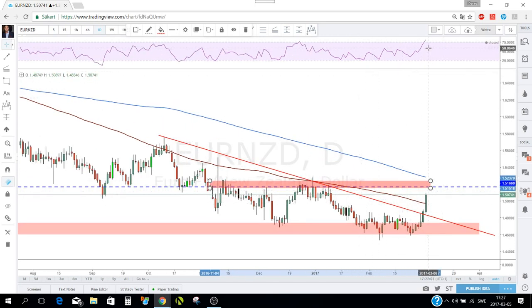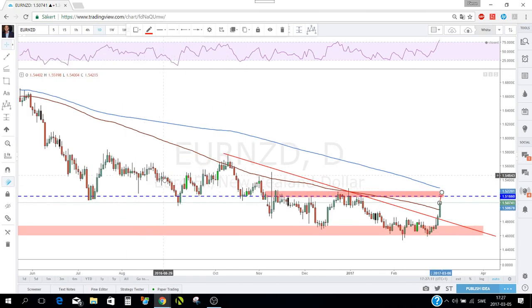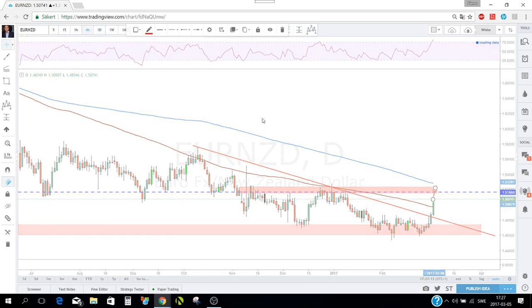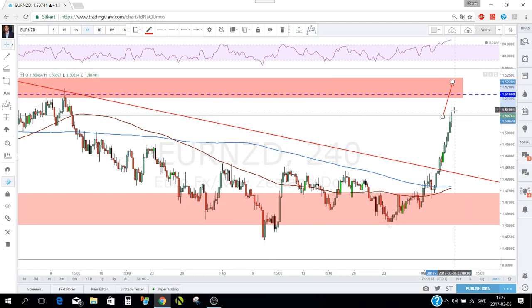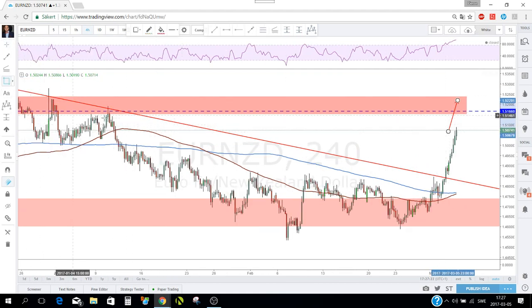So what to look at for next week: if price is going to retest this area where we have the 200 moving average, we have this major resistance also. Go down to the 4 hour or 1 hour and, as you see, the 4 hour move is crazy to the upside, and we are heading to this structure up here now.